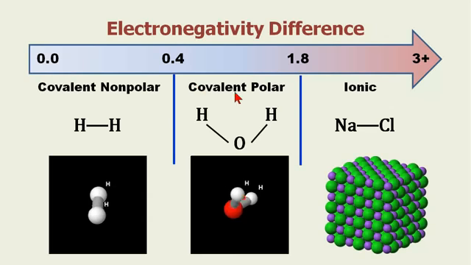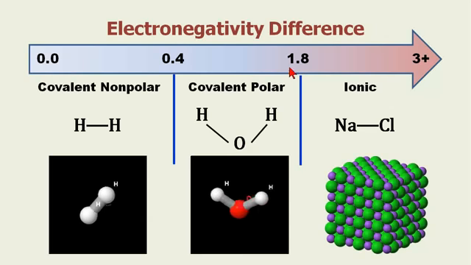And then let's go to another very important example, water, which is considered a polar covalently bonded compound. That just means that the electrons like to spend more time around oxygen than the hydrogen ones. The oxygen electronegativity value is higher than the hydrogen.